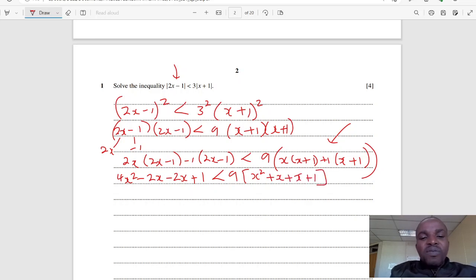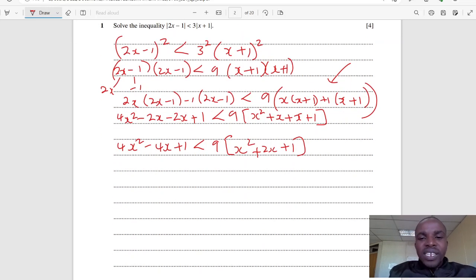After that, you can simplify a bit: 4x squared minus 4x plus 1, less than 9 times x squared plus 2x plus 1, and that's what will be inside the bracket. Then let's remove the bracket with 9. Multiply by 9 on the right side of our inequality sign. 9 times x squared is 9x squared, plus 18x, plus 9.